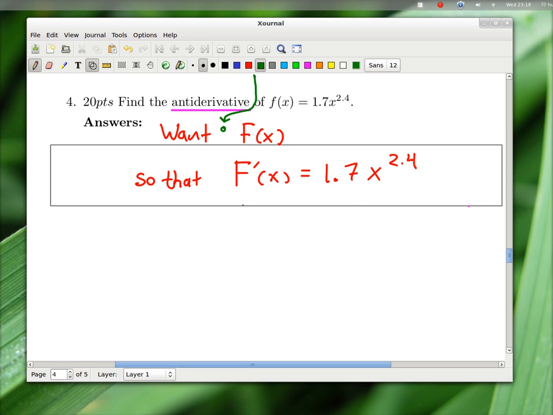All right, so let me just remind you of the power rule.